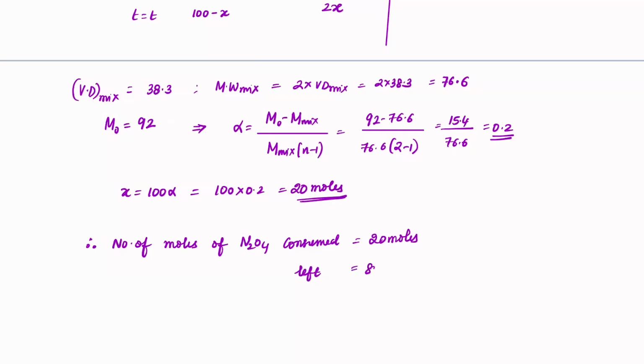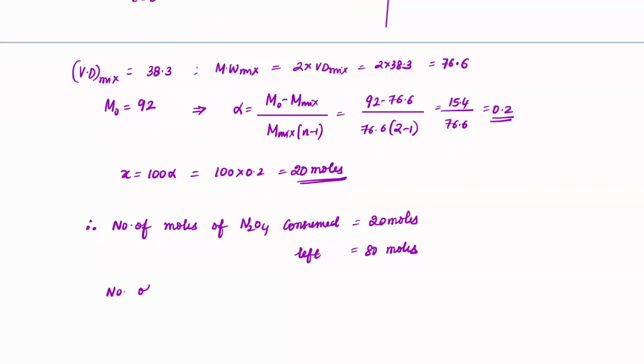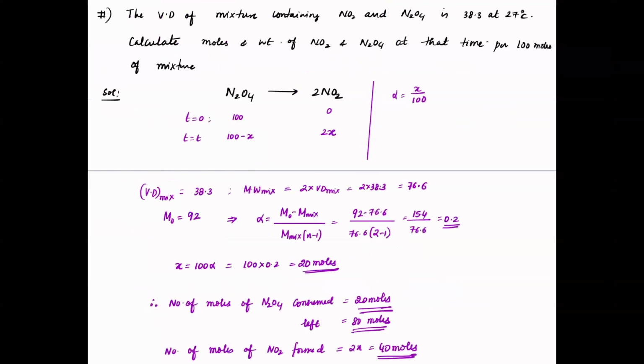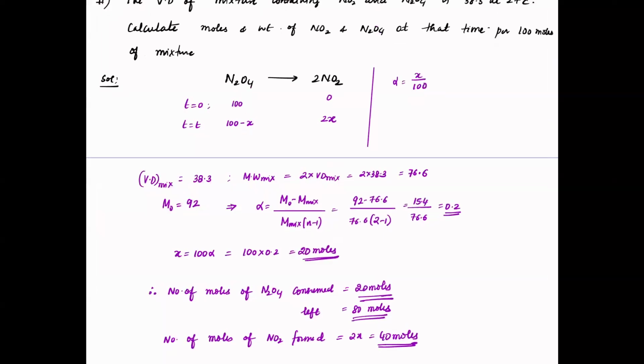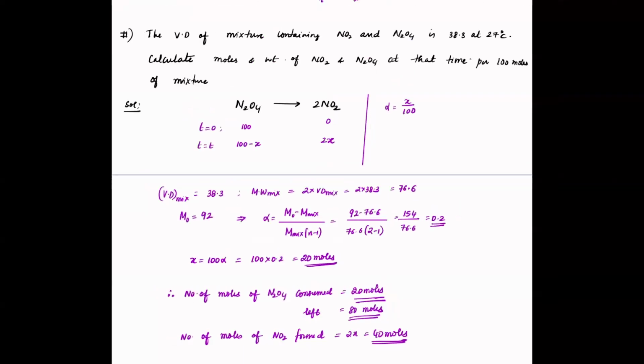The number of moles of NO2 formed will be equal to 2x in this case, so that makes it 40 moles. So this is the composition. How much is left? How much is used? So we got the moles already. Once we get the moles, we can easily calculate the weight also. Correct? So please check this out. If you have any problem in understanding, let me know.